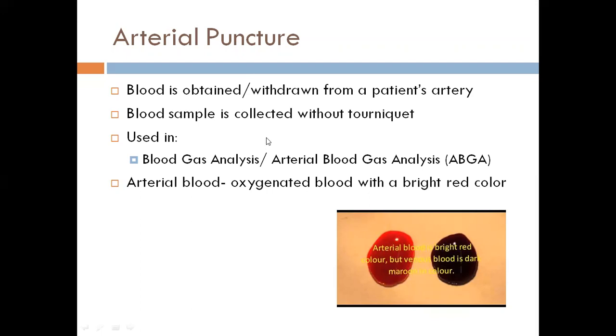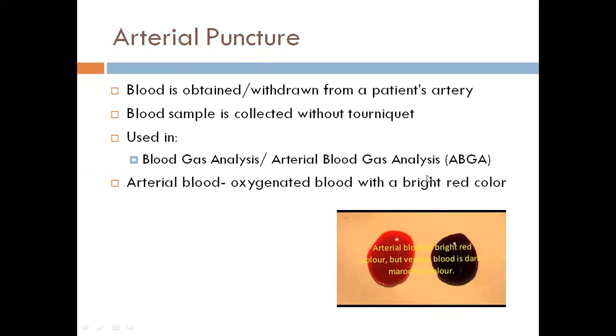Again, the main reason why we need to obtain arterial blood by performing arterial puncture is for the so-called blood gas analysis, or arterial blood gas analysis, ABGA, or arterial blood gas test.